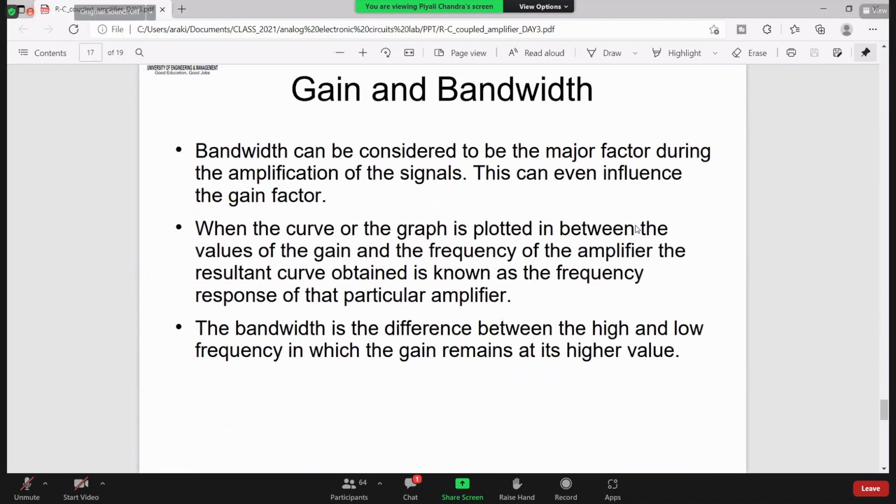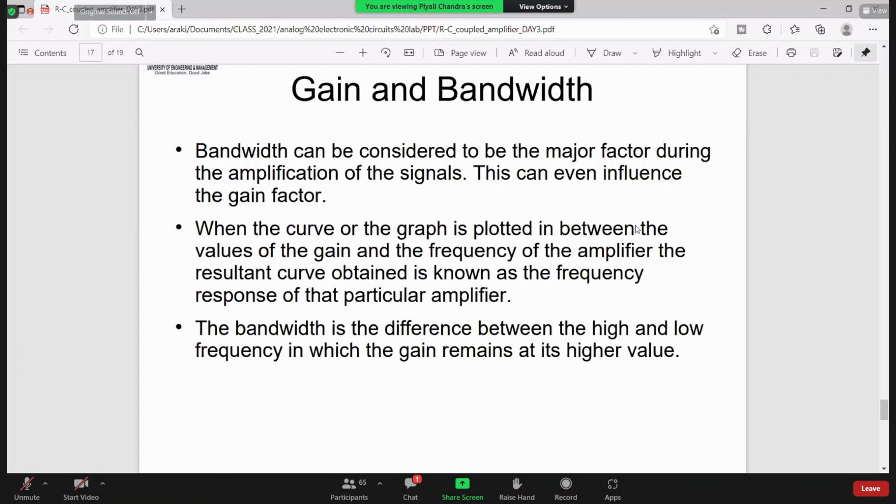Okay, so what is gain and bandwidth? Gain is basically V out by V in or I out by I in. Bandwidth can be considered the major factor during the amplification of the signal. This can even influence the gain factor.